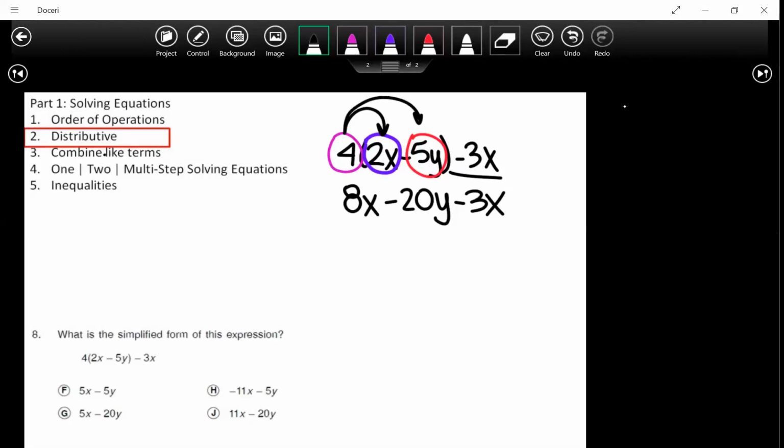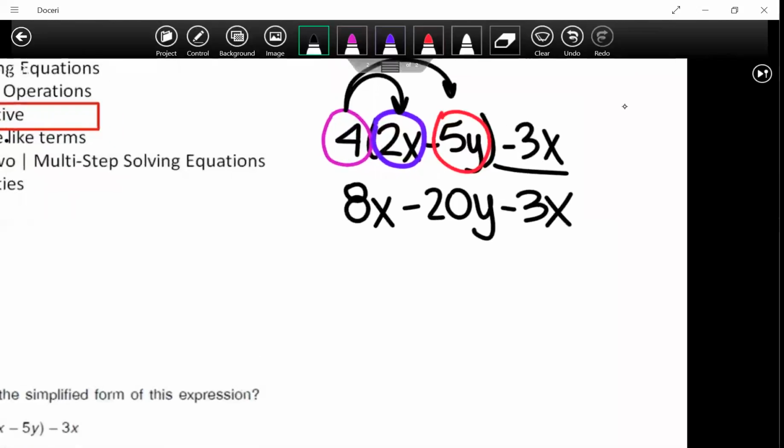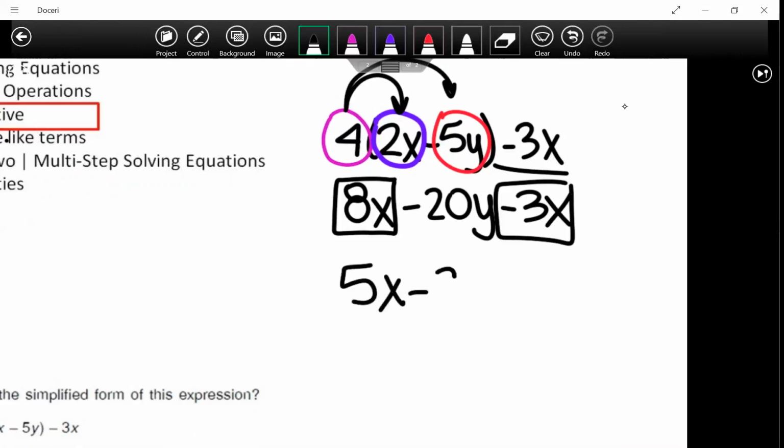What can I get for you guys? Okay. We're going to go ahead and join our terms, our 8x and our minus 3x. This will give me 5x minus 20y.